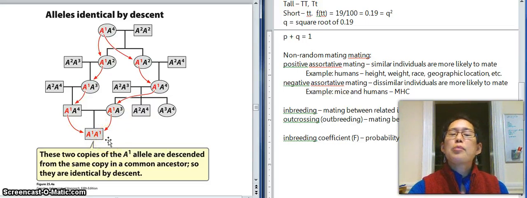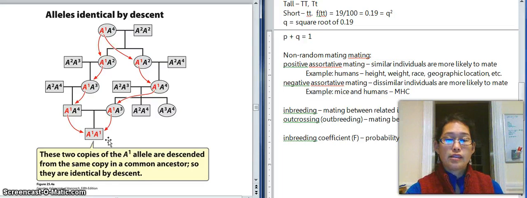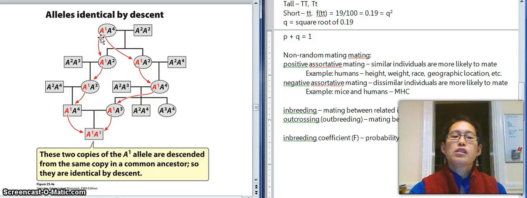He happens to be homozygous at this particular locus, and both of these alleles originated in a single ancestor. That's what we mean by identical by descent: both alleles are descended from the same copy in a common ancestor.